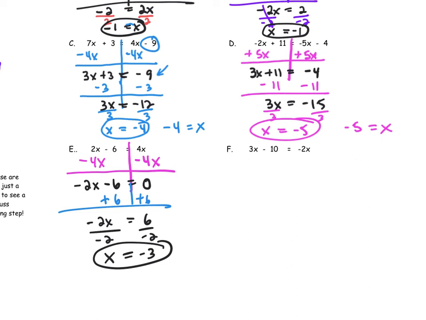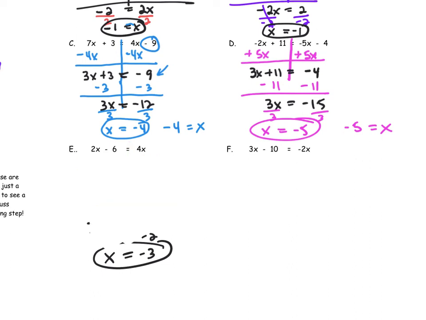So this time I would like you to write this down. I'm going to go ahead and eliminate the term on the left-hand side. I'm going to take away 2x on both sides. And what's left over now is -6, because this eliminated, and 2x.